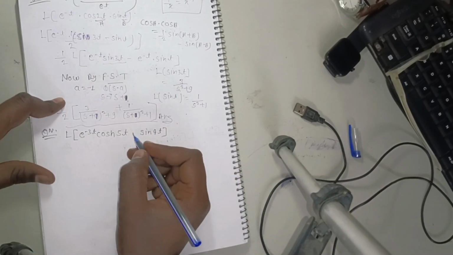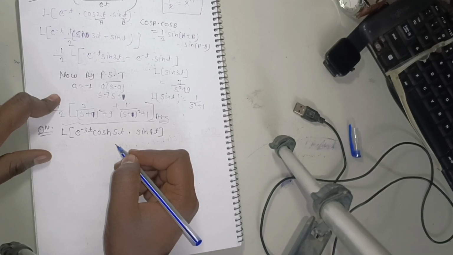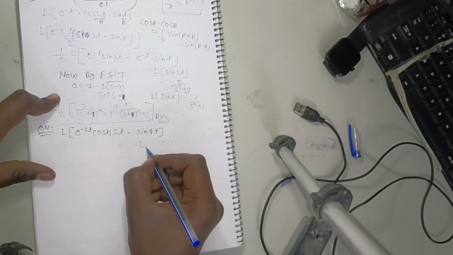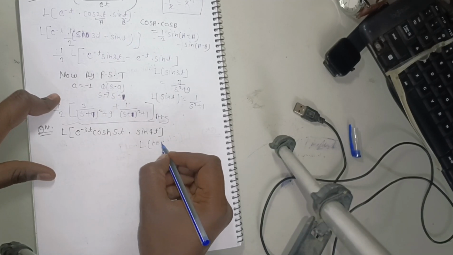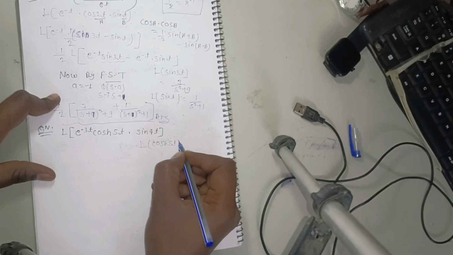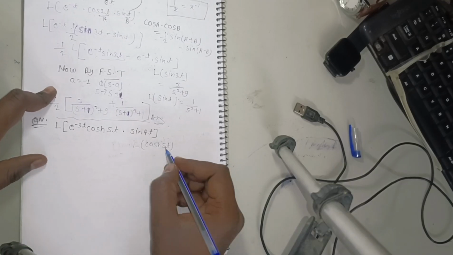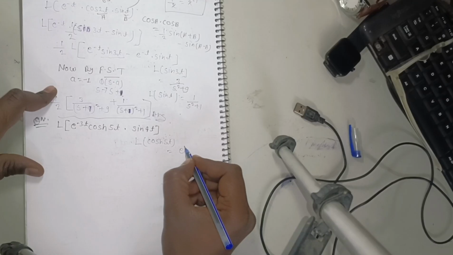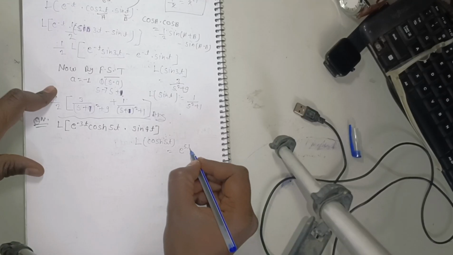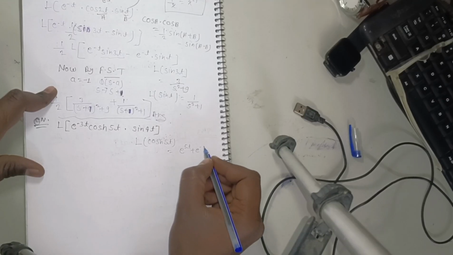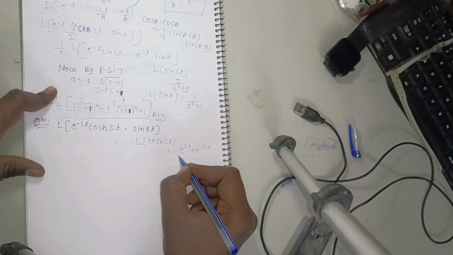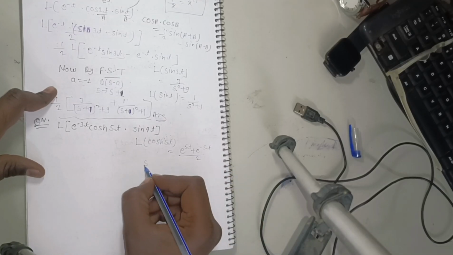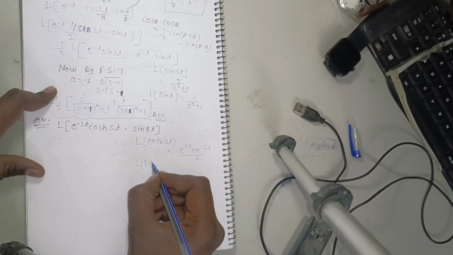Okay, so now let's find separately the Laplace of cosh 5t. It is again hyperbolic, so it is e to the power 5t plus e to the power minus 5t upon 2. Now the Laplace of sine 4t.